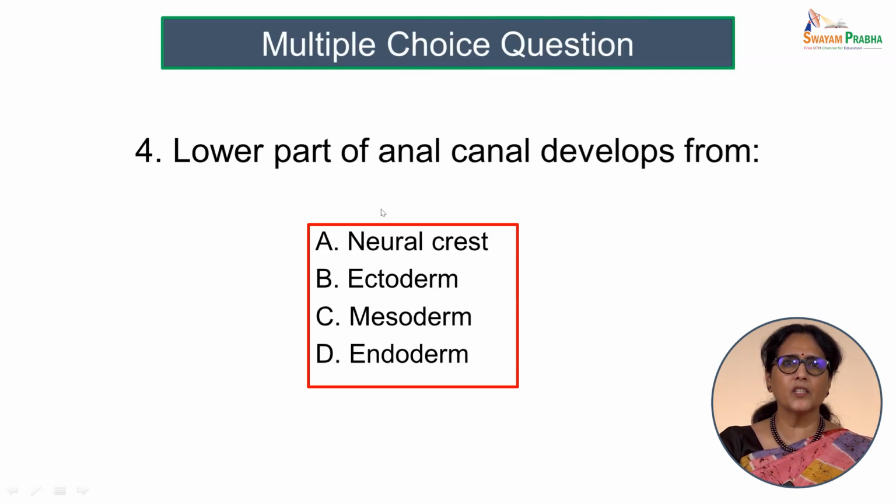And the answer to this question is B. ectoderm. The lower one-third of anal canal develops from ectoderm of proctodeum, while the upper two-thirds of anal canal develops from endoderm of the primitive rectum.